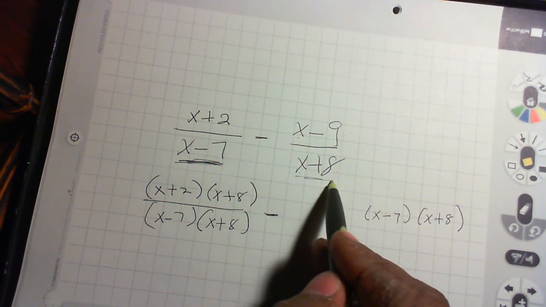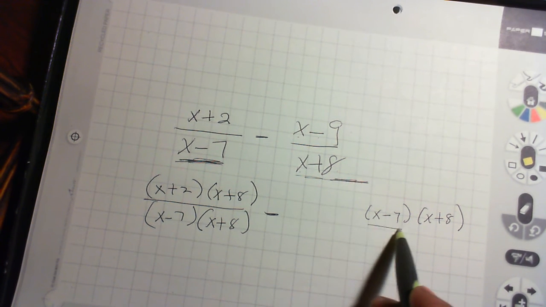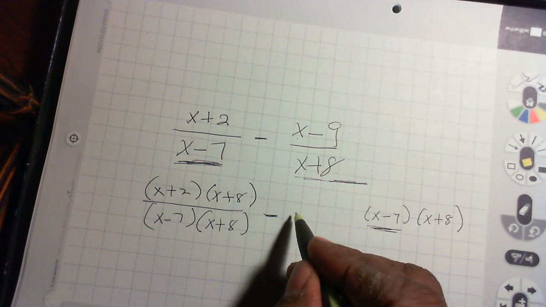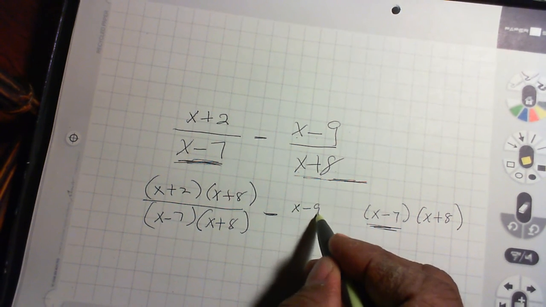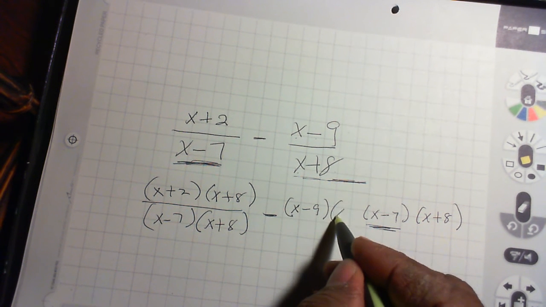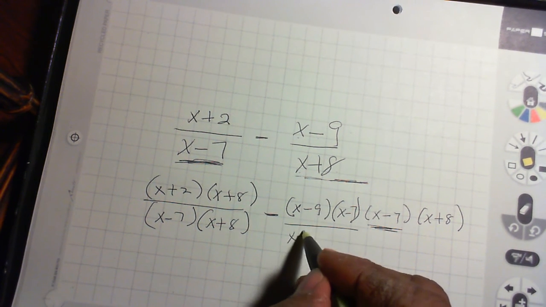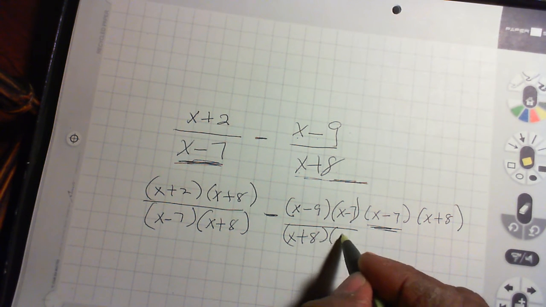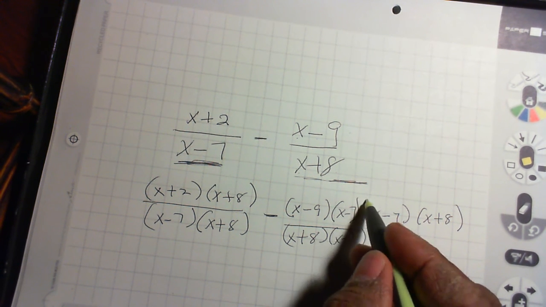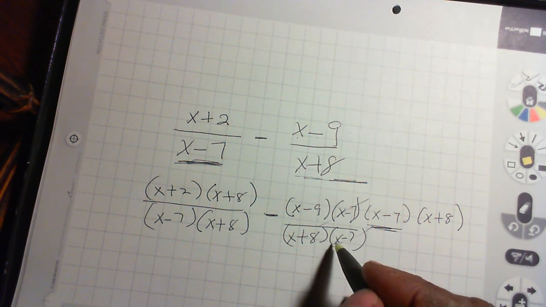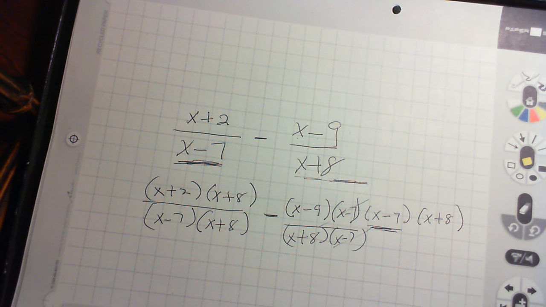I want to have the least common denominator here, so I'm missing the x minus 7. So I'm going to multiply the top and the bottom by x minus 7. Remember, if you don't need them, they cancel out and give you your original expression in both terms.